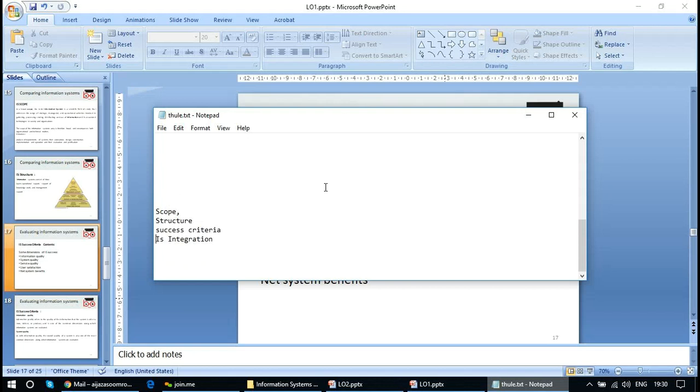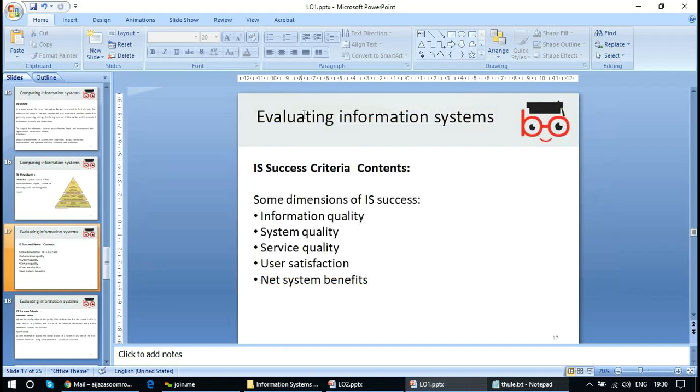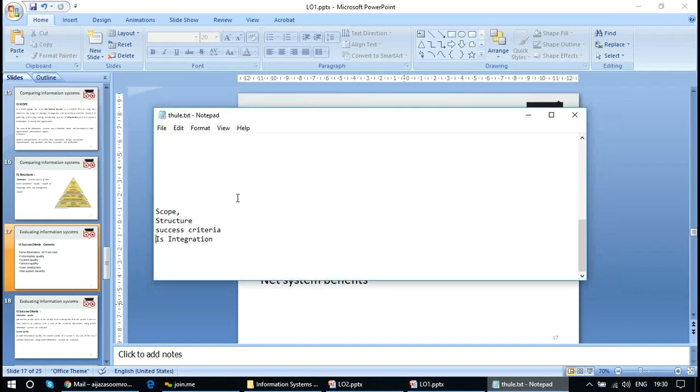These four things are important when you implement as well as evaluate the system, because we are evaluating the information system, and evaluating is basically a kind of testing the system, that is, what the system needs to do and what the system is actually doing.